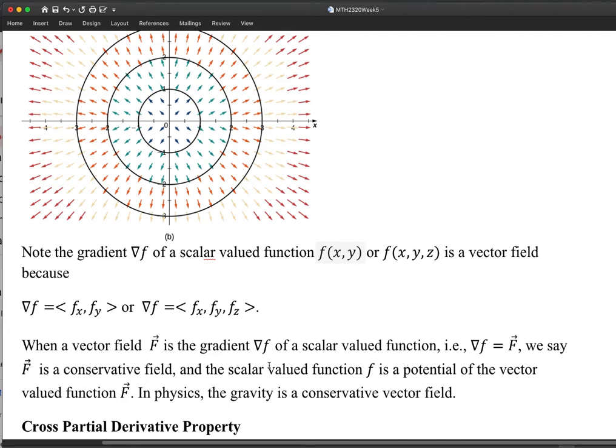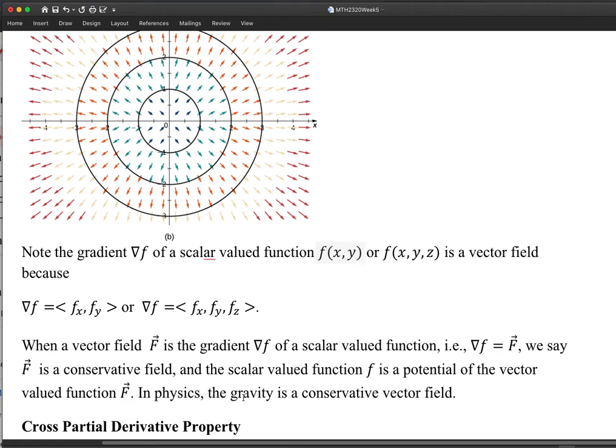And then accordingly, the scalar valued function f, the lowercase f, it is a potential of the vector valued function F. Okay, and we will have a little more discussion about the conservative vector field and the potential of a vector field. Somewhat mathematically, I know it's not accurate, you can consider the potential somewhat as the antiderivative.